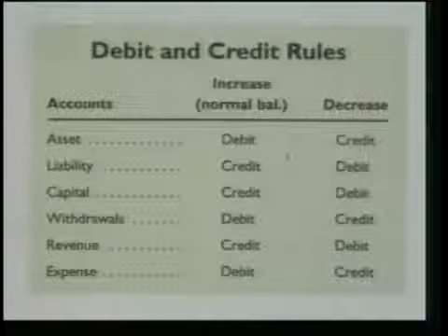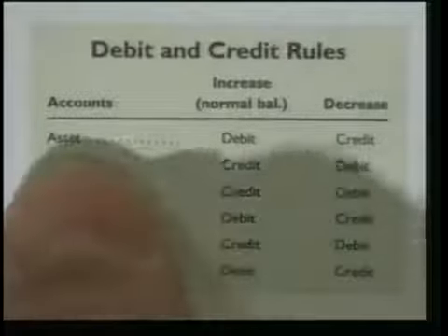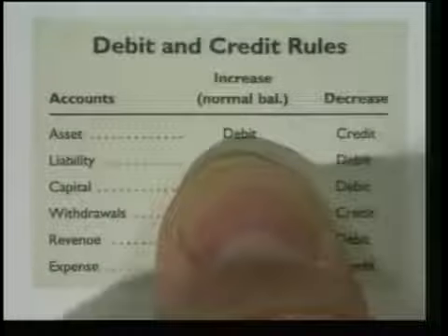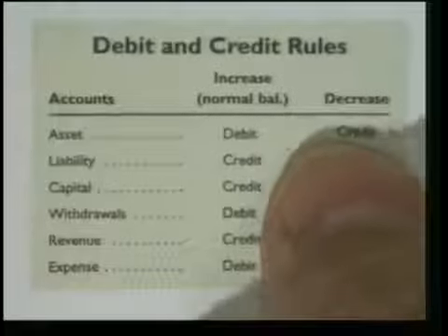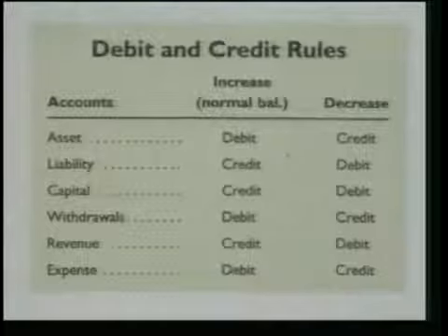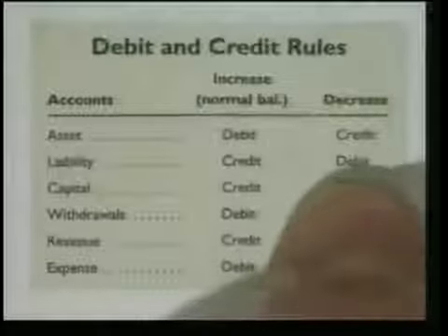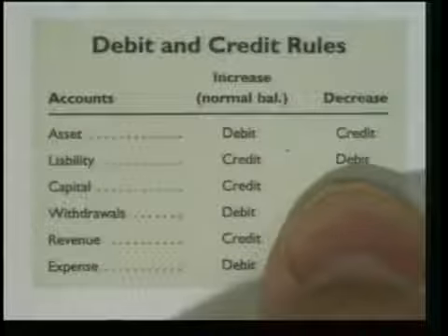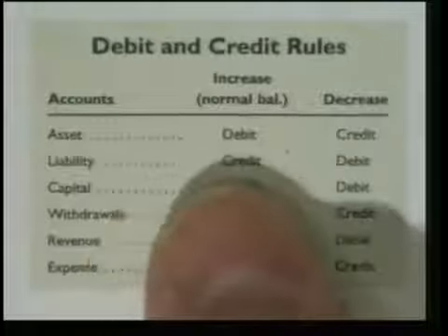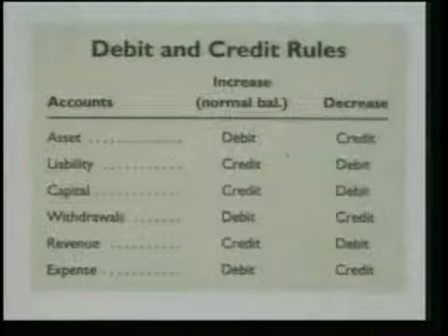This tells us that assets are normal debit balance accounts, thus they increase with a debit and credits decrease them, right? And you're going to see liabilities, like notes payable, are credit balance accounts, correct? Thus they increase with a credit, and they decrease with a debit, okay?